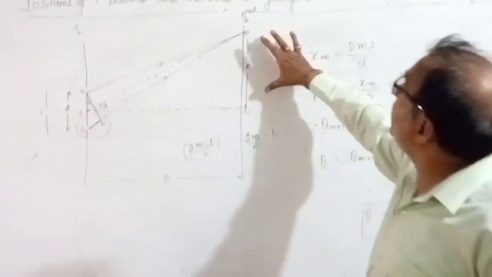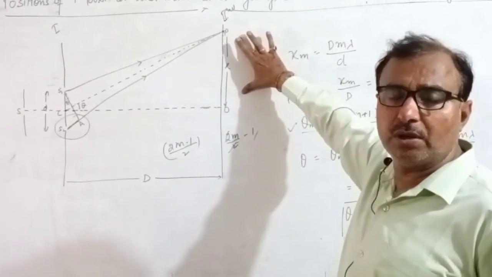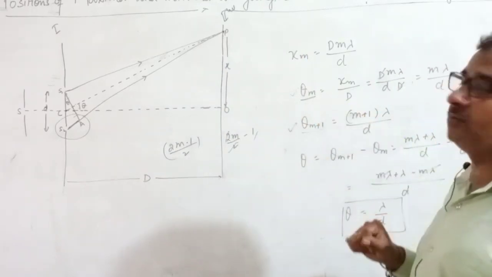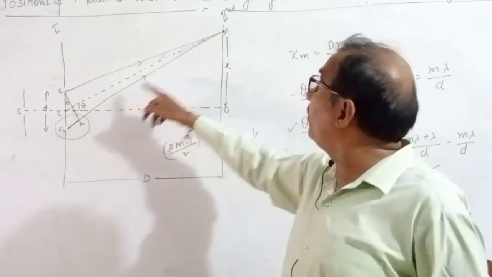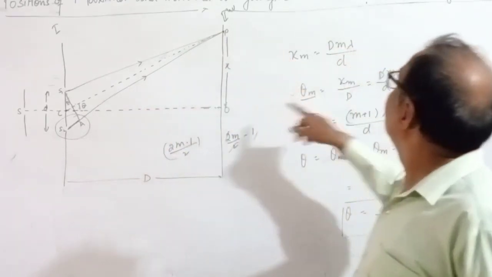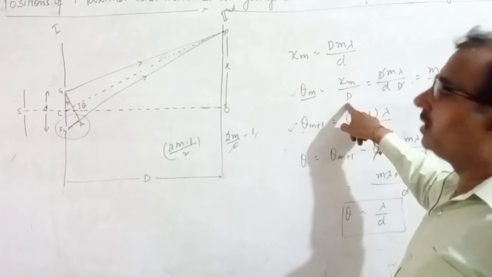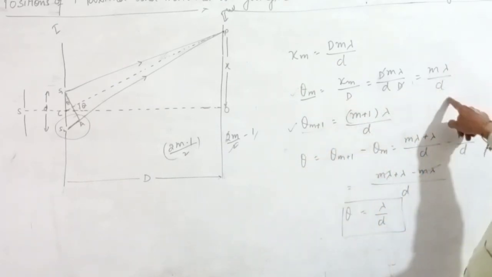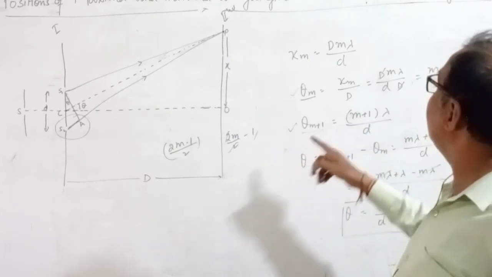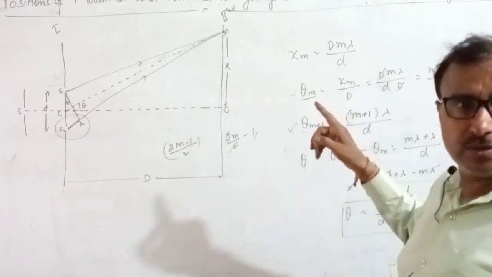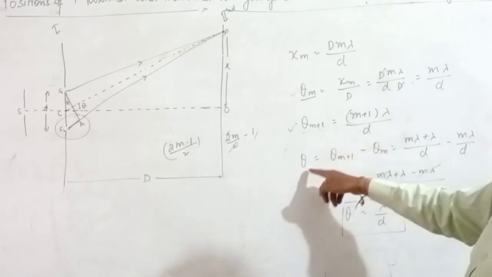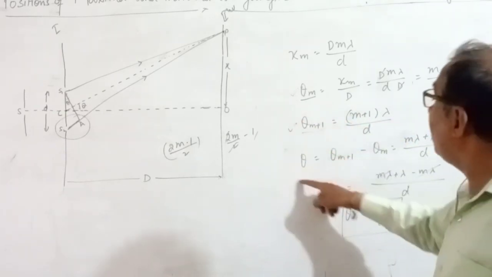This is the position of the bright fringe, and I am finding the angular position of the fringe, this angle. Theta equals arc upon radius, so x_m upon D. By dividing by D, you get m lambda upon d. This is for the m-th fringe. The next fringe is m plus 1, for which it is (m+1) lambda upon d.